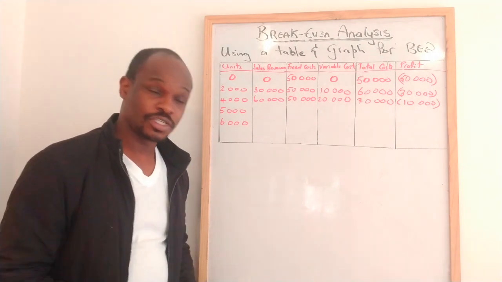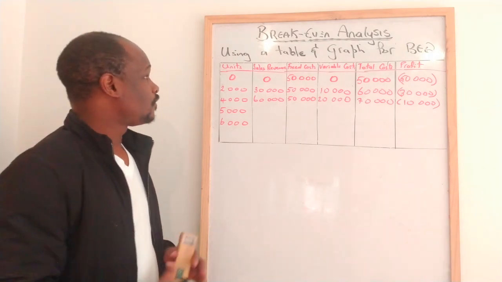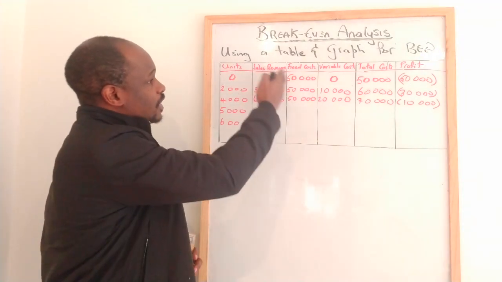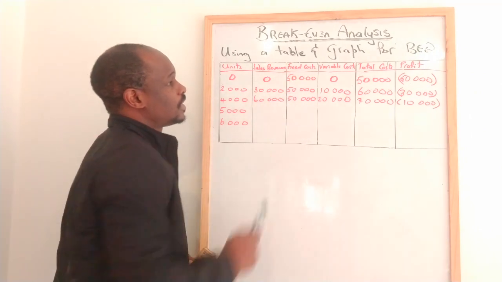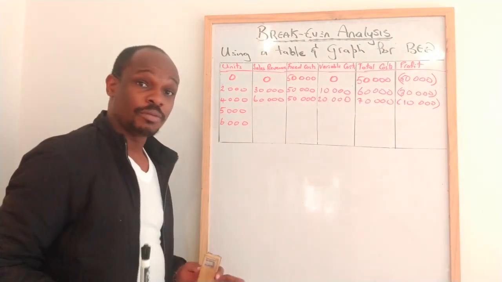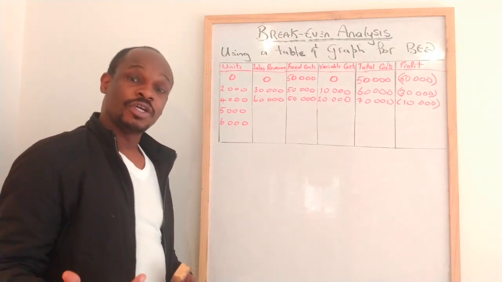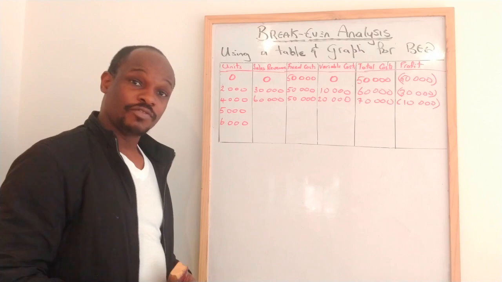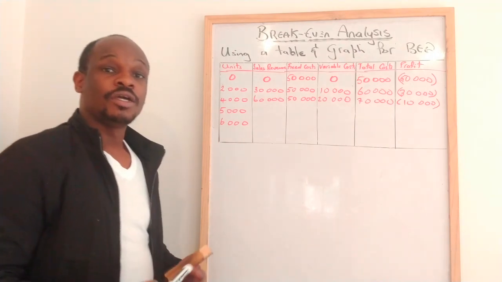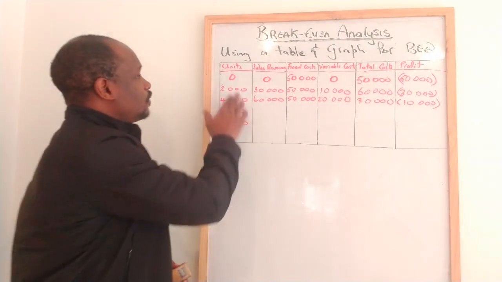So let's take the assumptions here that we have units, sales revenue, unit cost, variable cost, total cost, and then we have the profit. Now we're going to use this table to solve for the break-even, where the total cost equals our total revenue.